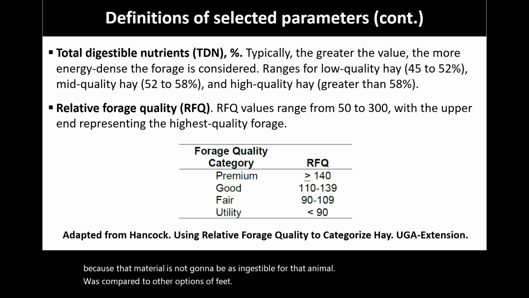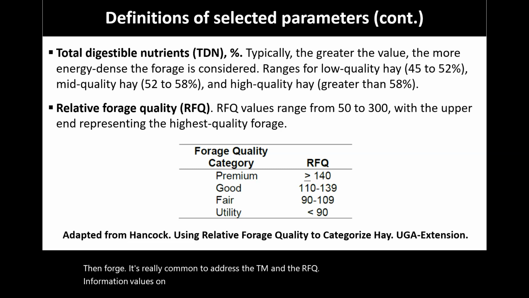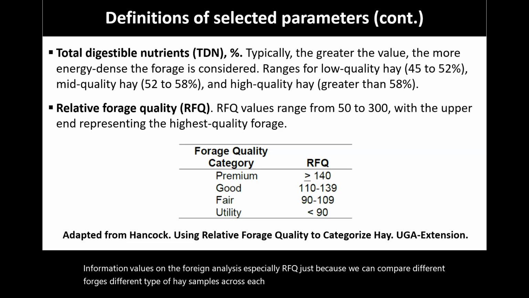Then for hay, it's really common to address the TDN and the RFQ values on the forage analysis, especially the RFQ, because we can compare different forages, different types of hay samples, against each other based on this general value.